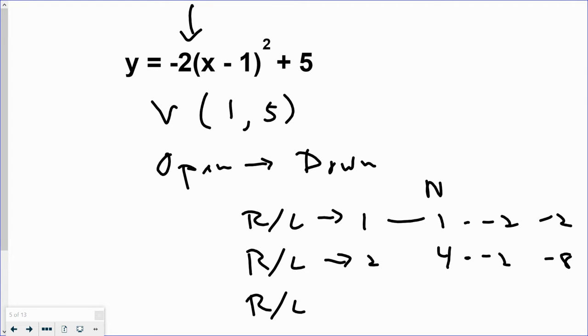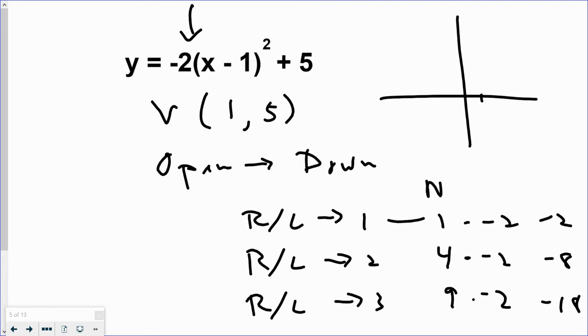Then right and left 3: normally I go 9, but this is being stretched by -2, so I go down to -18. So just a quick sketch of this: 1, 5. I go over 1, down 2 on both sides, and then down 8, so it's way down here. So this parabola is definitely going to be more steep than the other one.